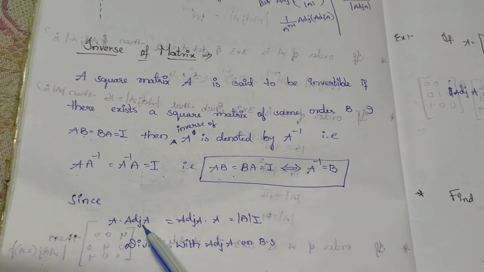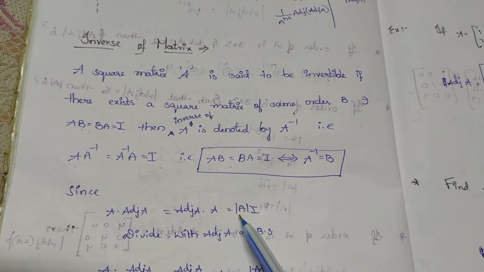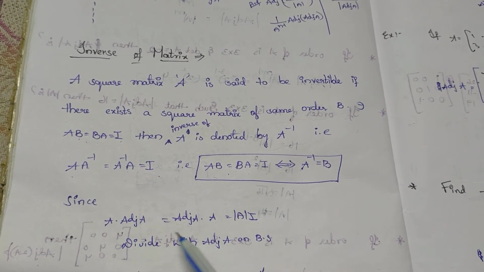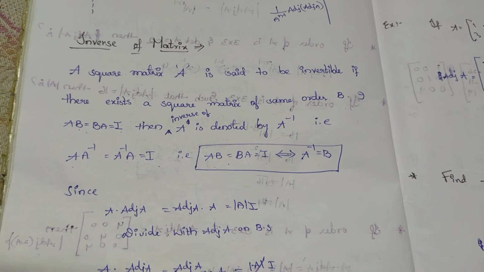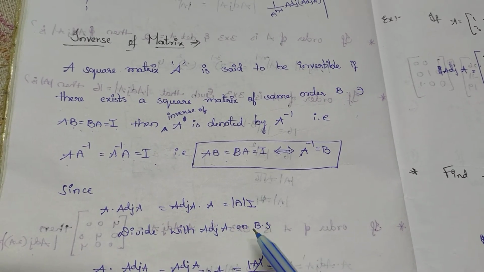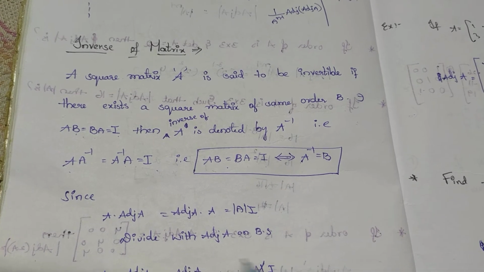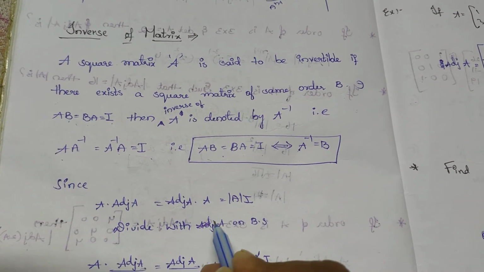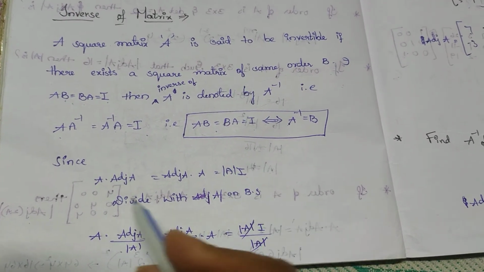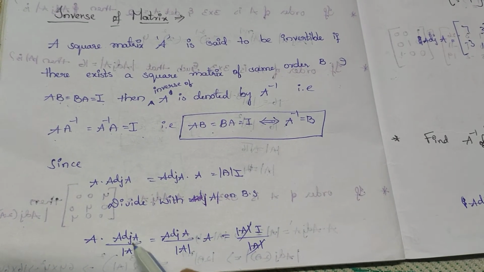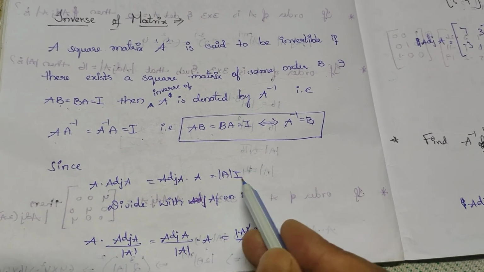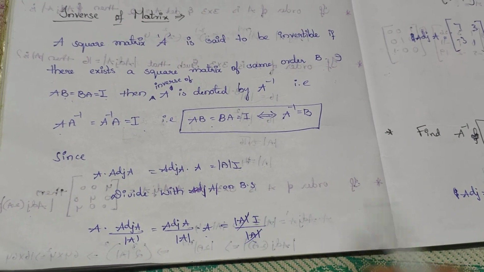So A into adjoint of A is equal to adjoint of A into A is equal to det A into I. Now if you divide this entire equation by det A on both sides, and give that det A to the denominator of adjoint of A, then A into adjoint of A by det A is equal to adjoint of A by det A into A is equal to det A into I by det A. So now this det A gets cancelled.